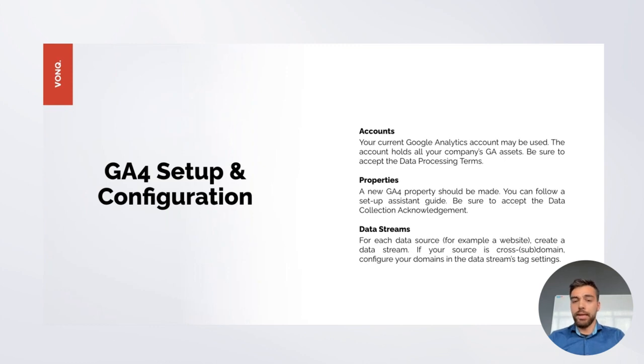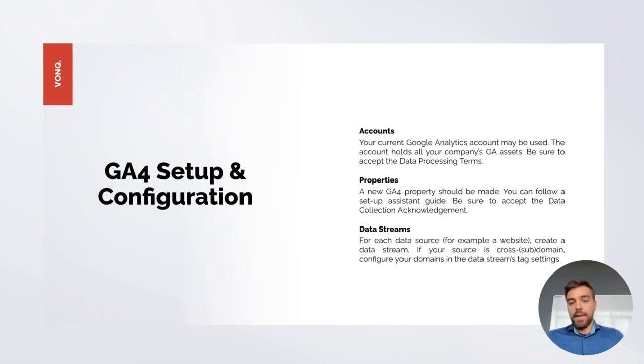Certain things that you should be aware of when setting up these assets is that you need to make sure that you accept the data protection terms, the data collection acknowledgement, as these are agreements with Google in order to make the processing of customer data fully legal and in line with GDPR.